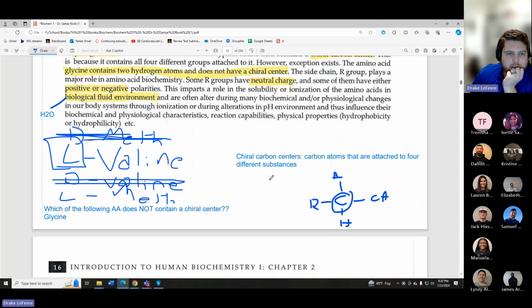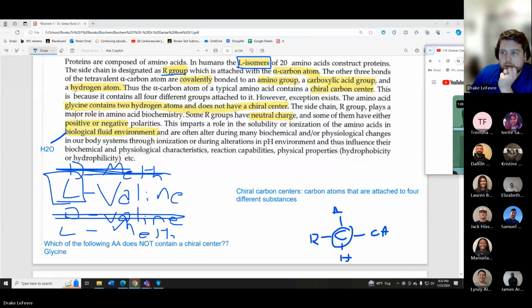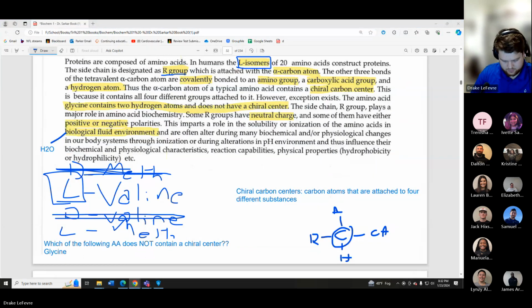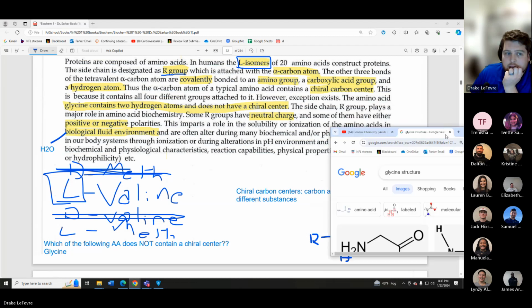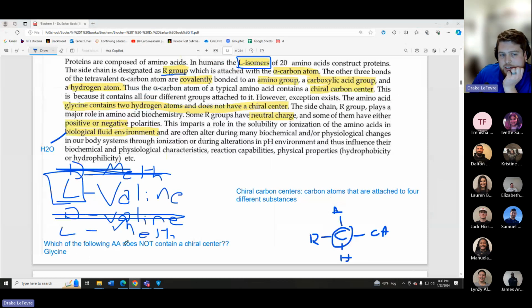This will be a test question. Which of the following amino acids does not contain a chiral center?